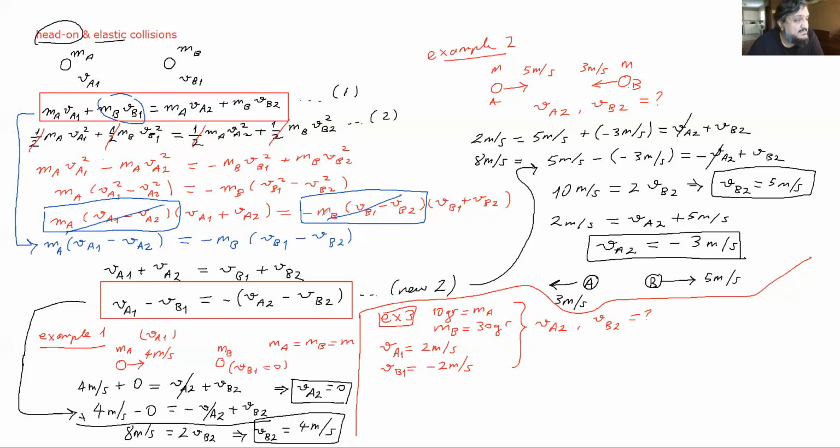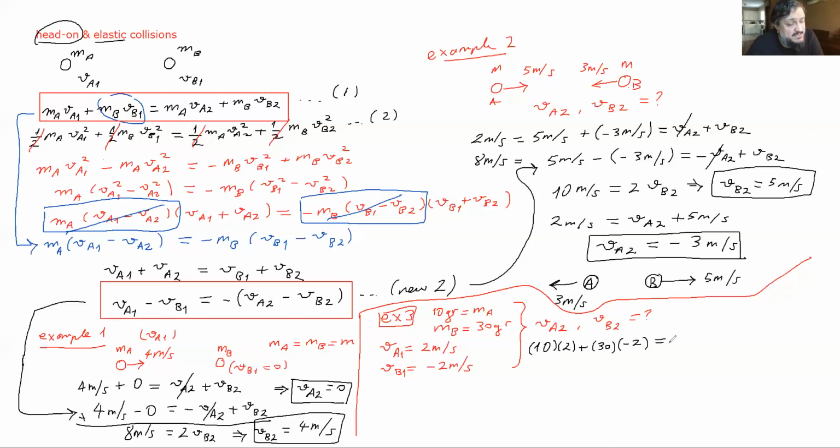So MA is 10. I'm just going to write here 10. I'm not going to write the units to save space. So 10 VA1 is 10 times 2 plus, now MB is 30. And VB1 is negative 2.